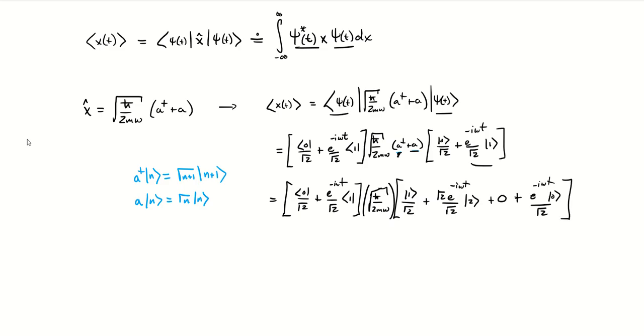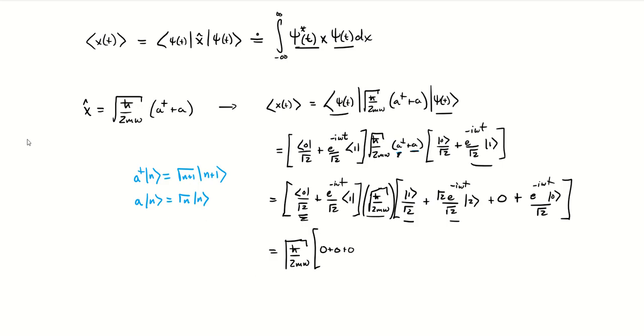And now, because we know our energy eigenkets are orthonormal, this becomes really straightforward to deal with, right? I'm going to bring this term out front, but let's look at that term times that term. Well, 0 and 1 eigenstates are orthogonal, so that's a 0. This term and this term, again orthogonal, so that's 0. This term times 0 is 0.